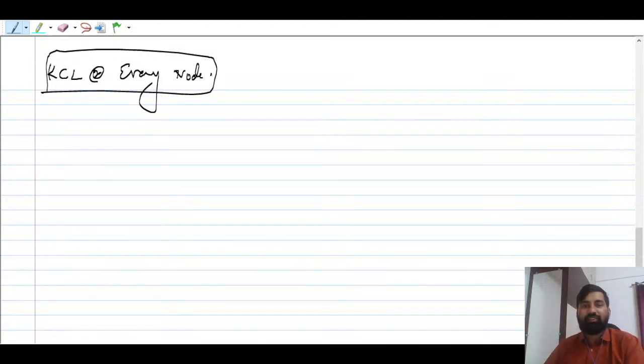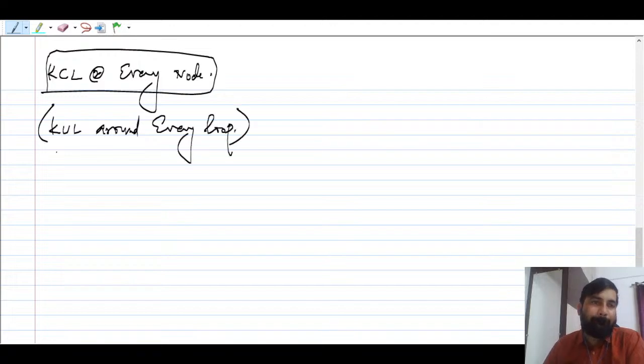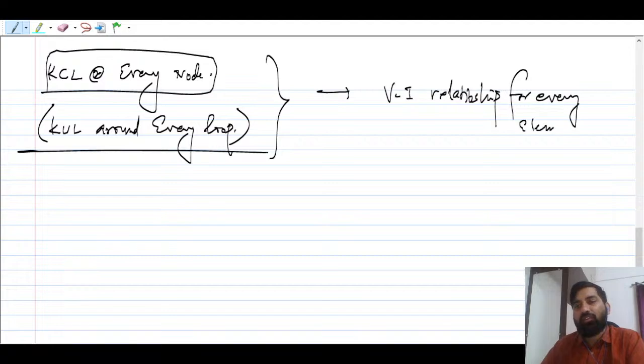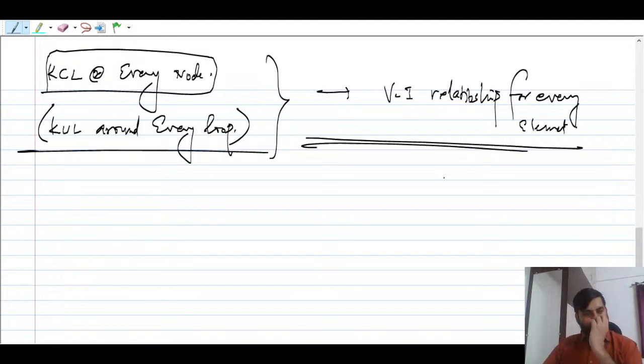Using these you can characterize the VI relationship for every element. So when you do circuit analysis, you are trying to figure out the VI relationship for every element. In that process, you have to apply KCL or KVL, right?